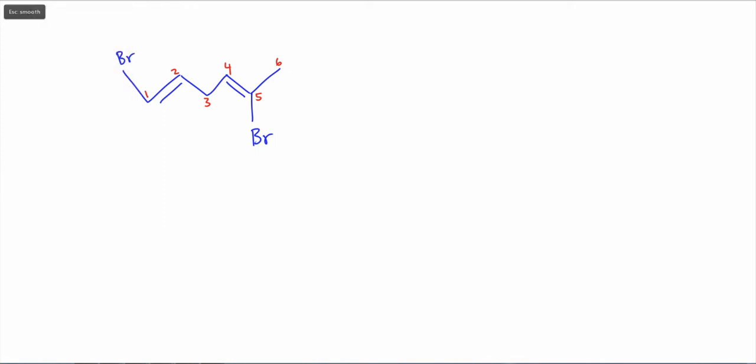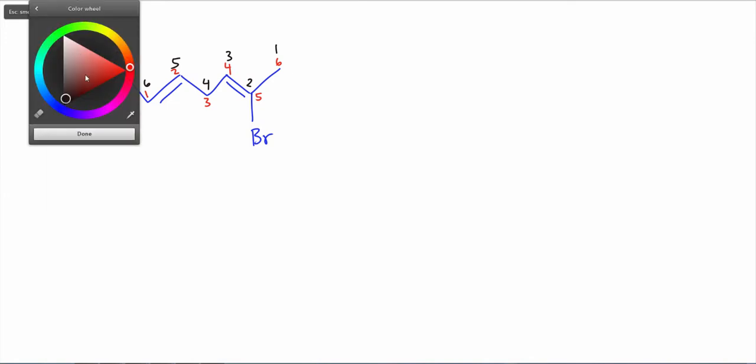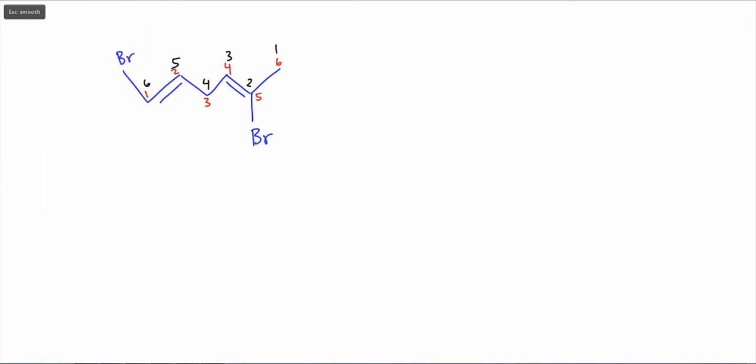Now if I go from right to left, that's 1, 2, 3, 4, 5, 6. So the black numbering puts my first alkene on carbon 2. So I want to use the red numbering.